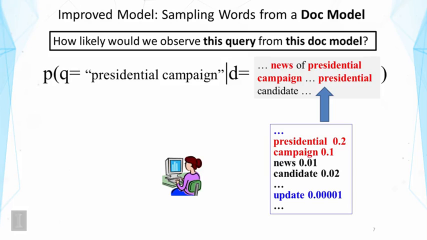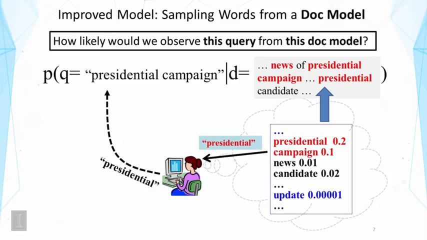Now, if we're thinking this way, then the generation process is a little bit different. Now the user has this model in mind instead of this particular document, although the model has to be estimated based on the document. So the user can again generate the query using a similar process, namely pick a word, for example, "presidential", and another word, "campaign".